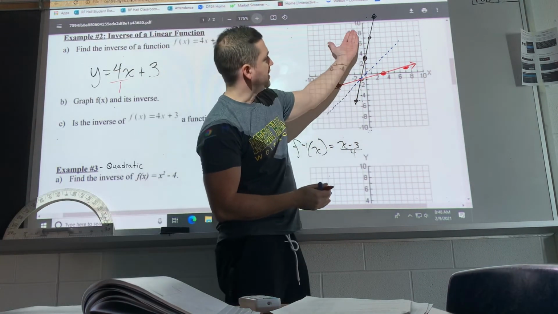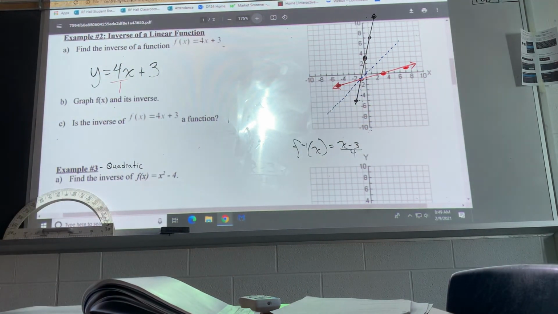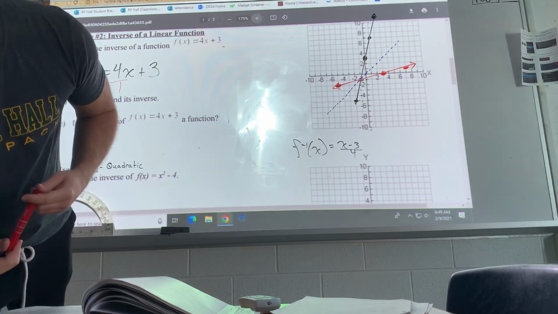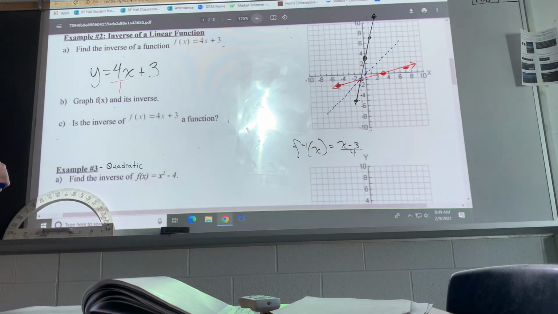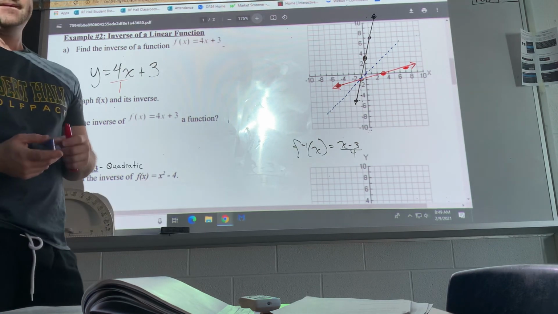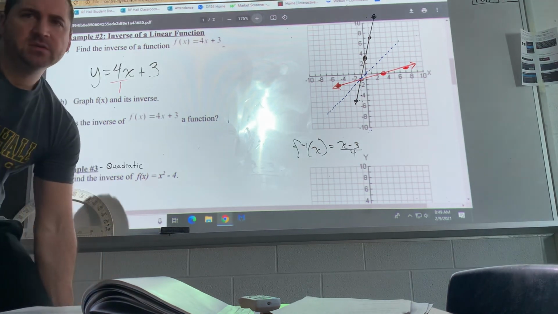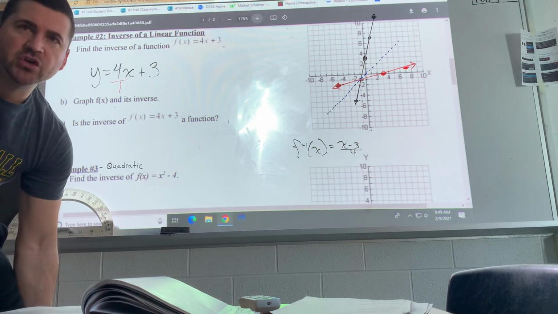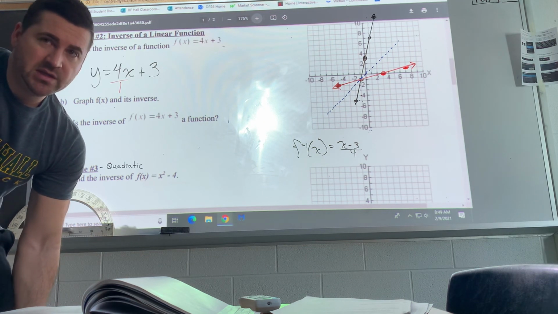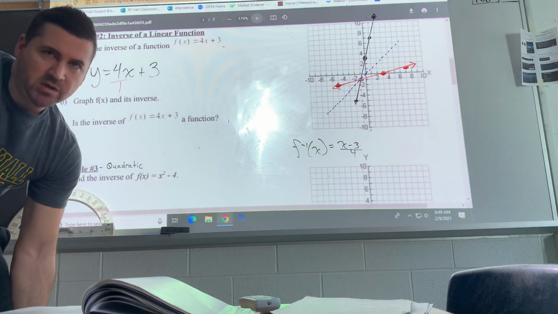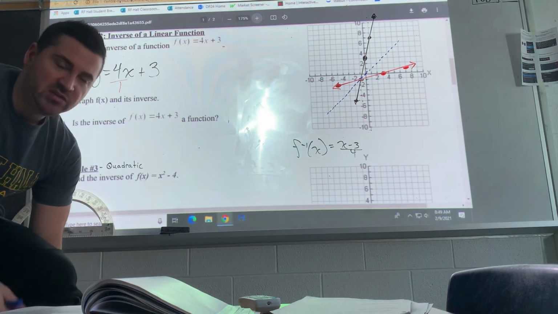Okay, so again this gets reflected this way. Does that make sense? Any questions? Again, if you're not sure, just literally plug in points into the equation, like substitute. So plug in negative 2, plug in negative 1, plug in 0, plug in 1, plug in 2, and see what you get. And then reflect those points.